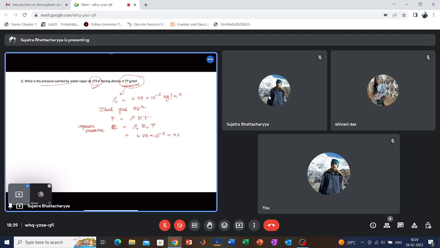RV is known, 461.5 joules per Kelvin per kg, because it is for vapors, and T is 273 Kelvin. If you calculate it out, it comes out to be about 600.96 pascals and can be written as 6 hectopascal or nearly 6 millibar.